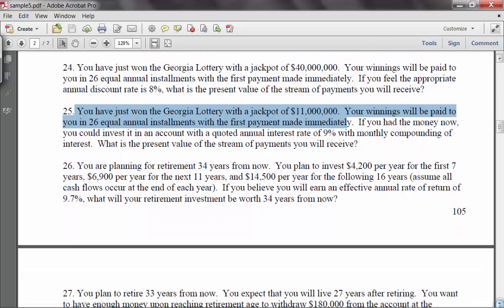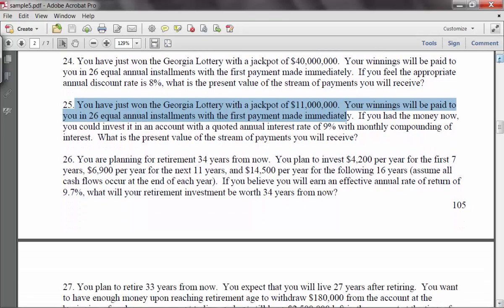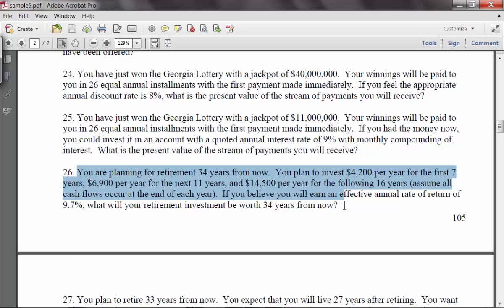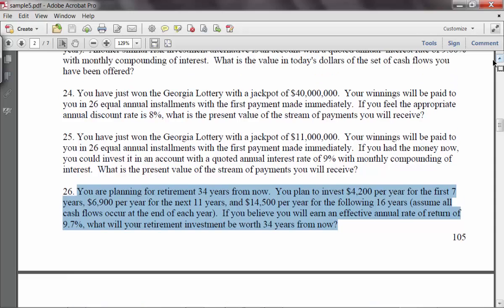Well, we can do this in 2 steps, actually. We're doing number 26 here. We don't have a net future value calculation in your calculator. You have net present value, but not net future value.